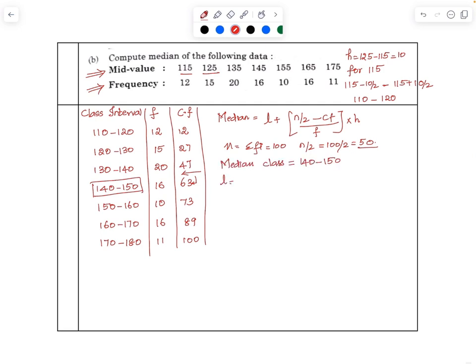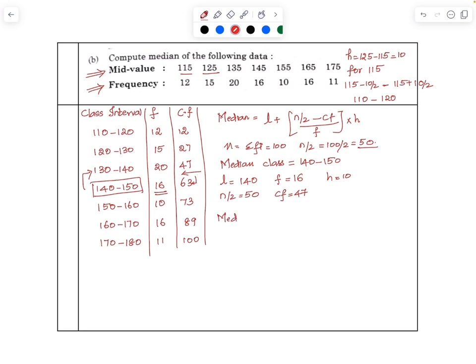L is the lower limit of this class, which is 140. N upon 2 is 50, which we have calculated already. F is the frequency of the median class, which is 16. And Cf is the cumulative frequency of the preceding class, which is 47. H is 10.